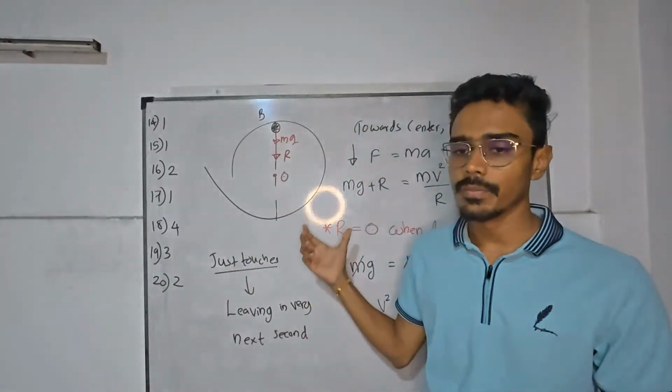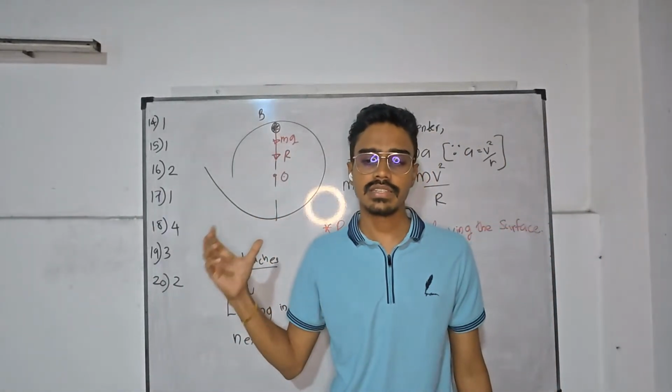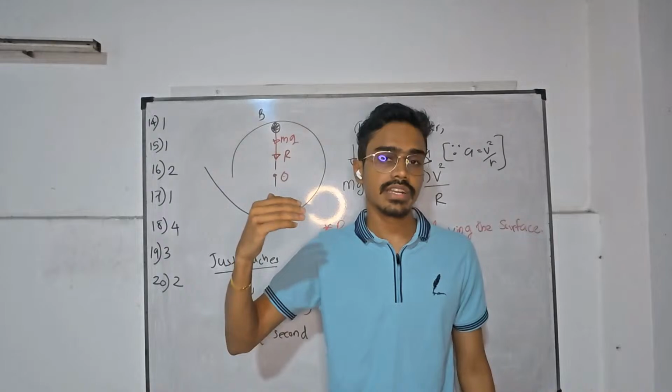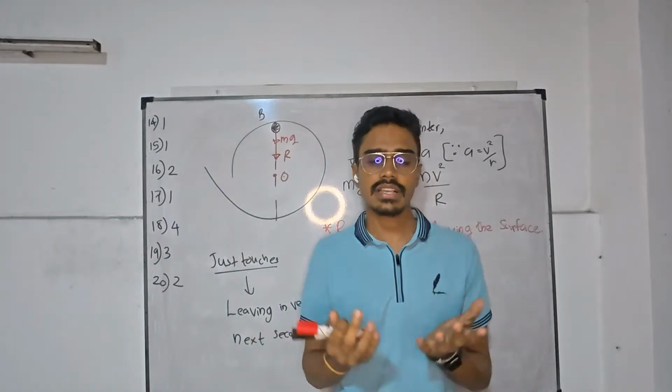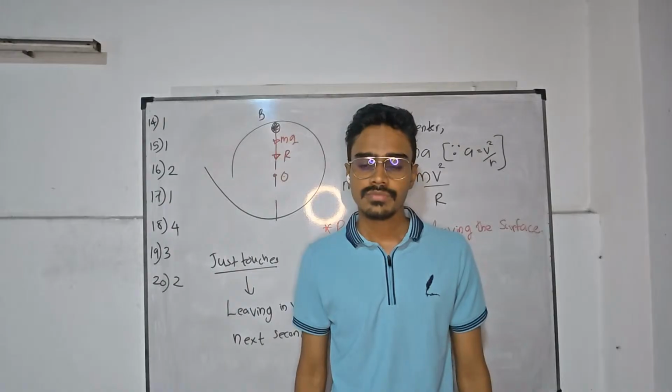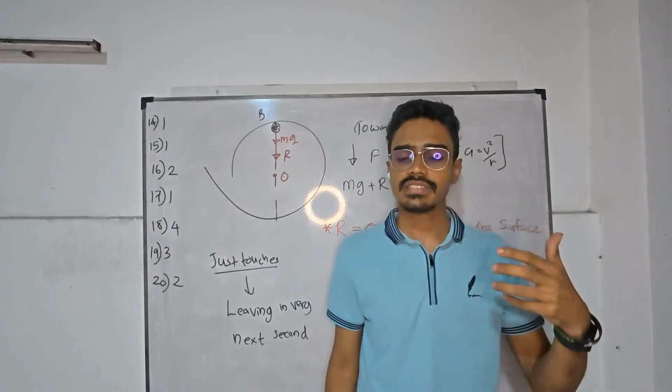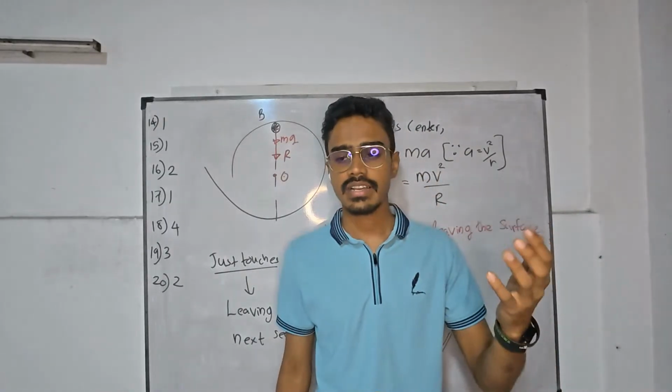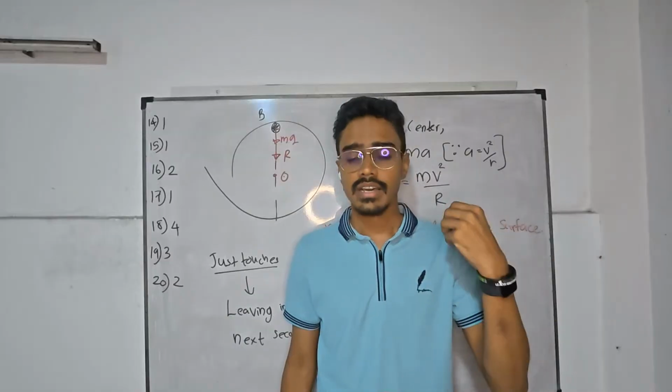I hope you got something from this discussion. We discussed different types of circular motion questions. It covers every type that you need to know: statements, calculations, and in calculations also different types: horizontal circles, vertical circles, springs, elastic strings.